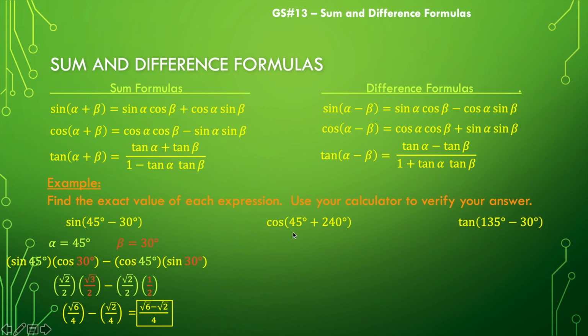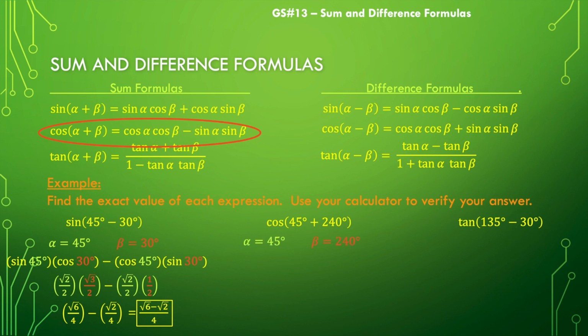If you look at this expression here, it's a sum, so it's going to be one of these formulas, a sum formula, and it's the cosine formula. So we are going to use this formula right here. That means that I need to identify my alpha and my beta. Okay, alpha is going to be 45 degrees, and beta is going to be 240 degrees.